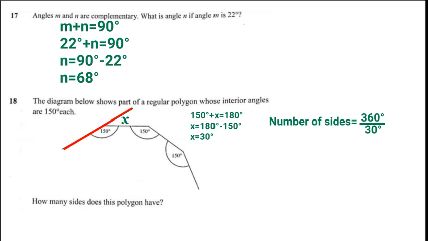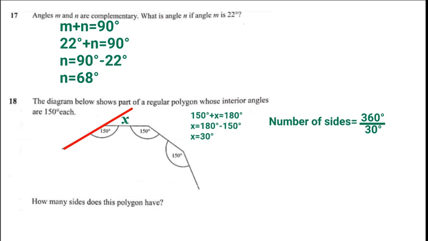Unlike the interior angles, the sum of interior angles depends on the number of sides. But the sum of exterior angles is constant in all polygons, whether regular or irregular. And you should also know that the number of angles is equal to the number of sides.